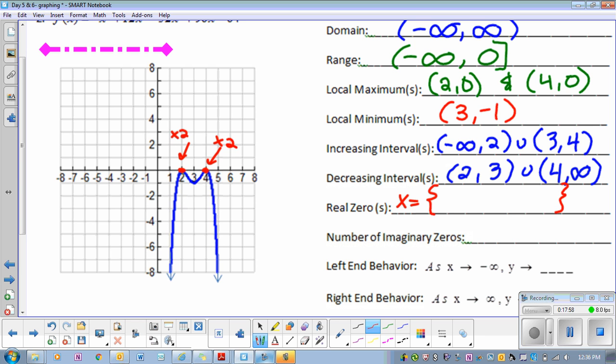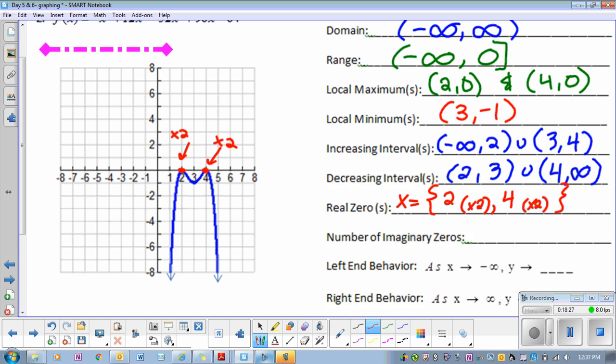Isaiah asked a good question. How do you indicate on a test or quiz that there are 2 or 3 of them? Well, you could write them all out, or you could say 2, and then I'm going to put times 2, so that I know that there's a multiplicity of 2 there. And then I'm going to put 4, times 2. Or you could write them out as the x-intercepts and put times 2.